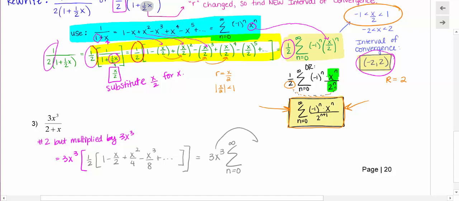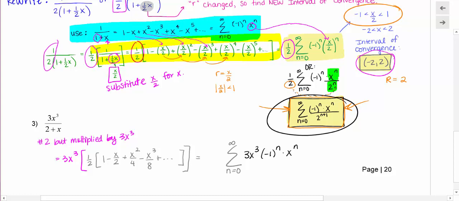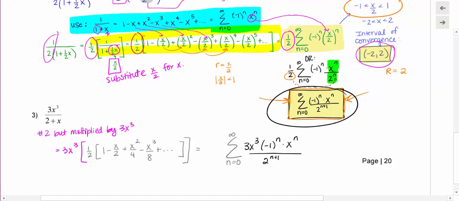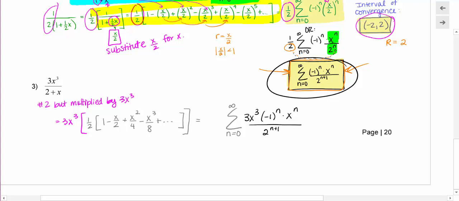And I'm going to put that into my summation so you can see that. Okay, so 3x cubed times this -1 to the n, I'm going to use this bottom one down here, times x to the n, all over 2 to the n plus 1. And so my power series, I'll leave the 3 again separate because I don't want to mess that one up.